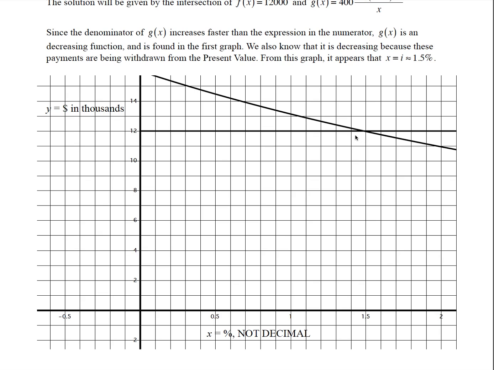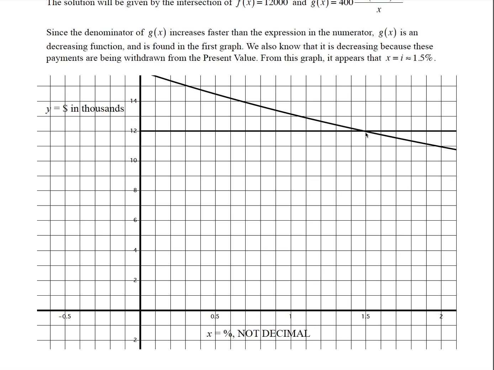So it looks like they intersect at about 1.5. You might say, oh no, it looks like they intersect at 1.495. Well, that'd be close, but 1.5 is close enough. 1.5 is a good enough estimate.